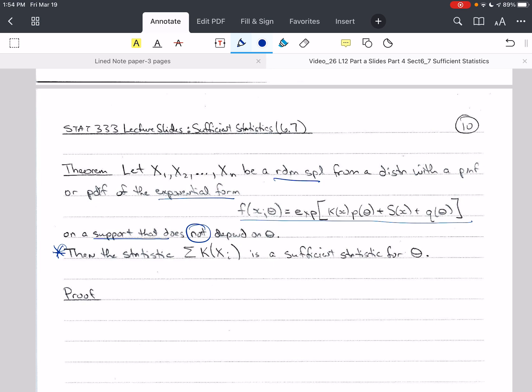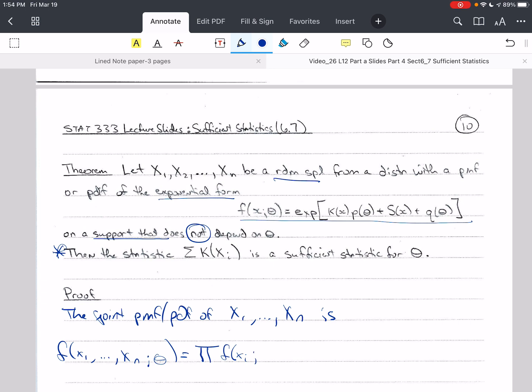And so the proof of this: the joint PMF or PDF of x1 up to xn is given by f of x1 through xn given theta equals the product of f of xi given theta, and that's in this form.